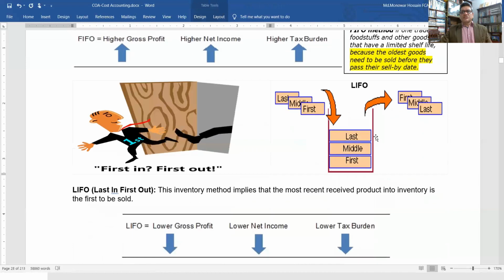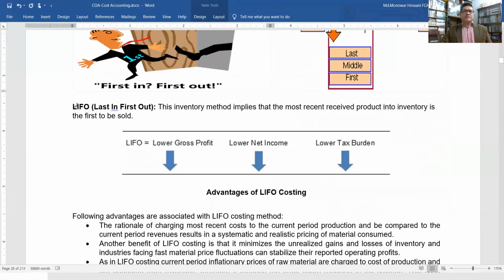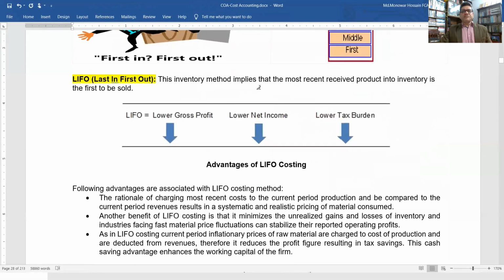Look here, within the store, the first goes to the first. So first in, first out. Now LIFO, last in, first out. This inventory method implies that the most recently received product into inventory is the first to be sold.